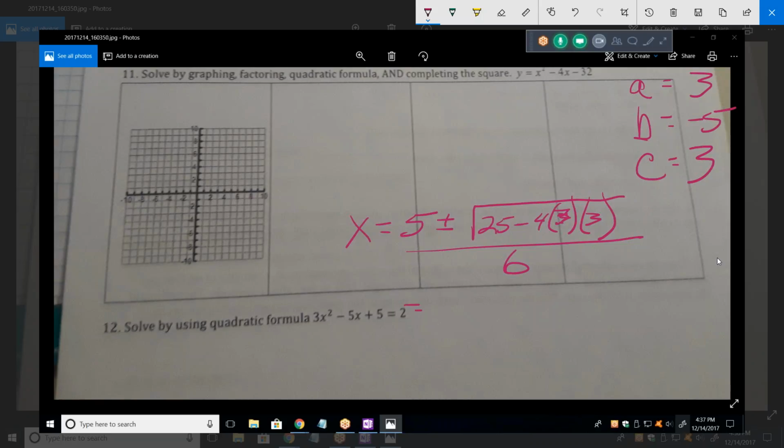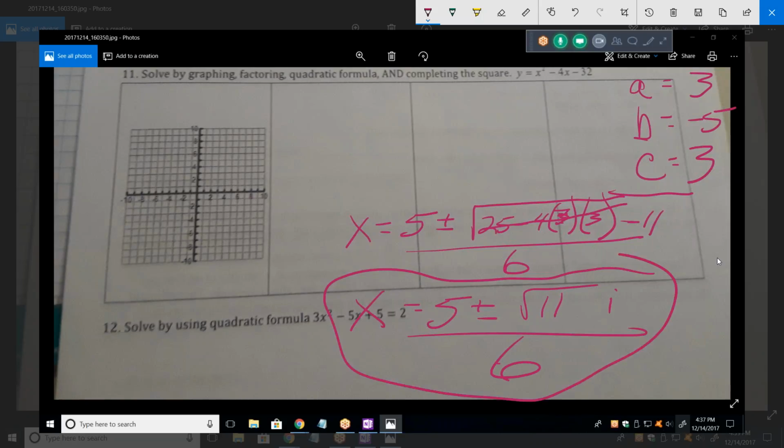Okay. And 25 minus 36 is negative 11. Okay. So x equals 5 plus or minus the square root of 11, and then i, which is outside, and then over 6. There's your two answers.